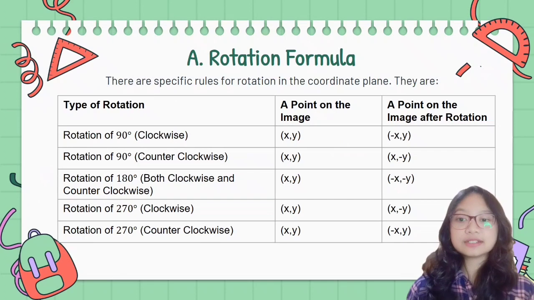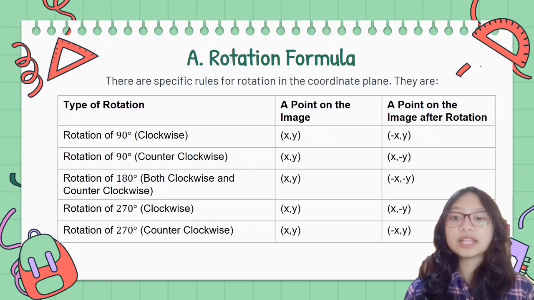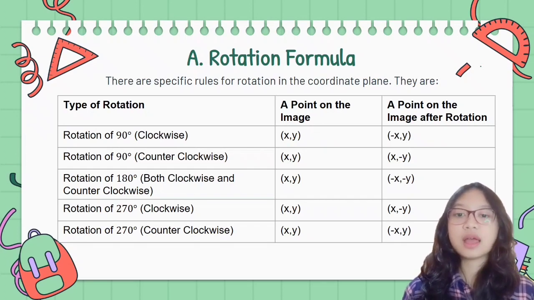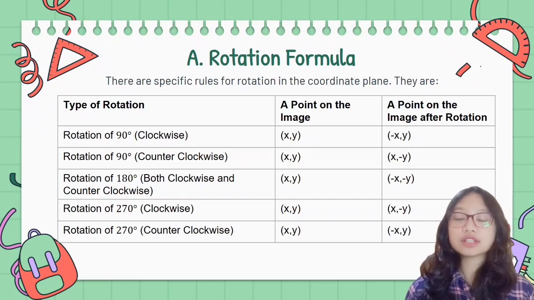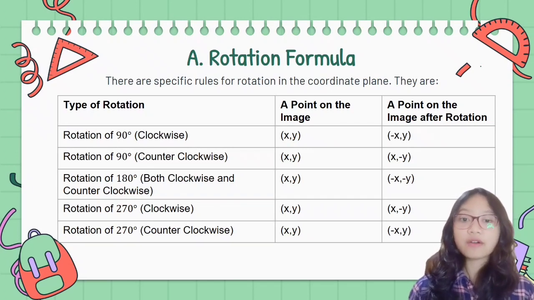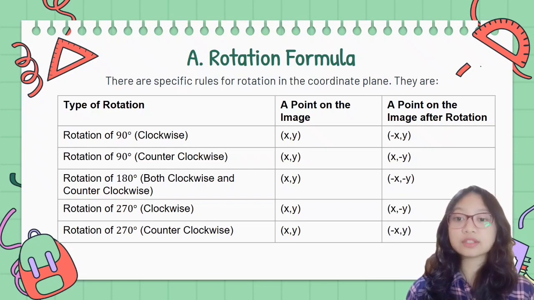Rotation can be done in both directions, clockwise as well as counterclockwise. The most common rotation angles are 90 degrees, 180 degrees, and 270 degrees. However, a clockwise rotation implies a negative magnitude, so a counterclockwise turn has a positive magnitude.